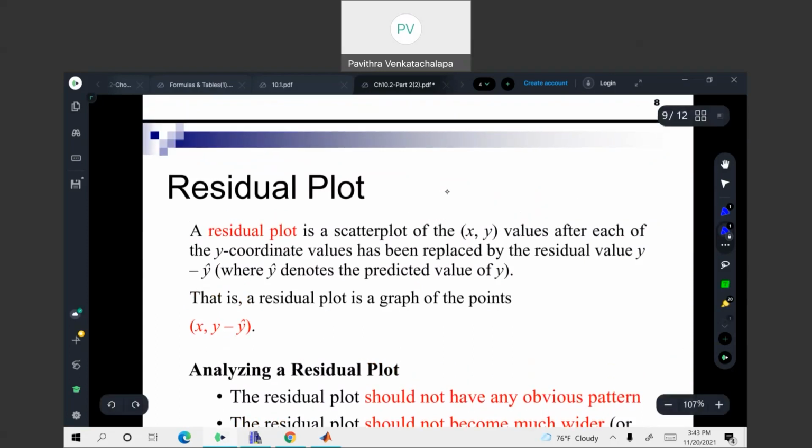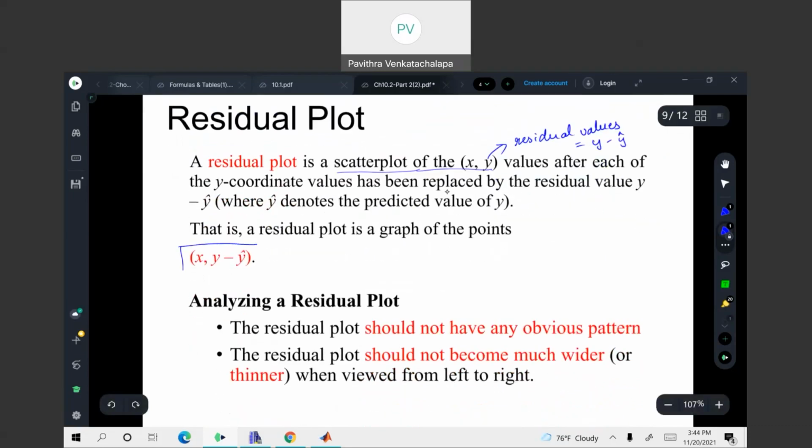Residual plots are nothing but a scatter plot, which also has x and y values like your scatter plot, but the only difference is this y is replaced with residual values. Okay, and what is the formula for that? That is y minus y cap. Y cap is the predicted value of y.